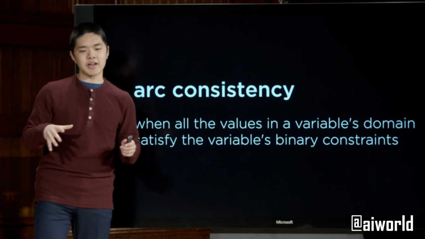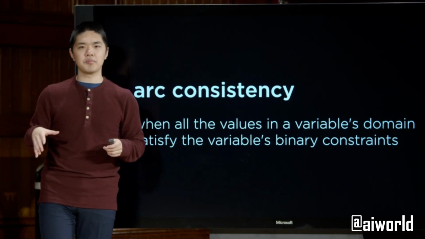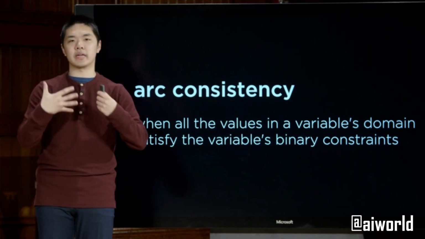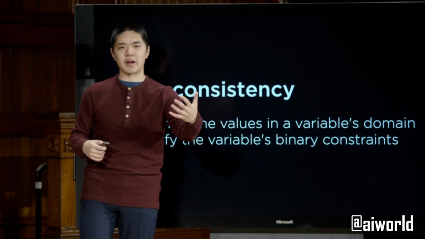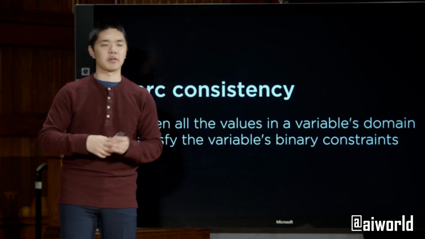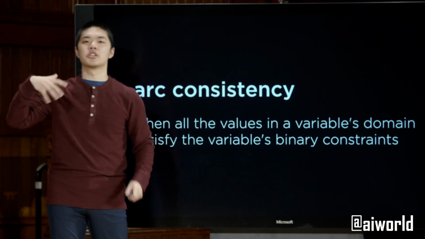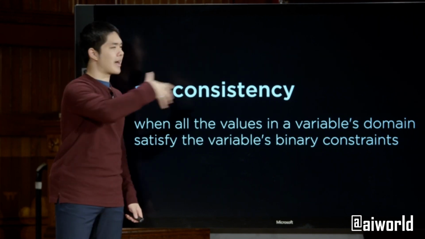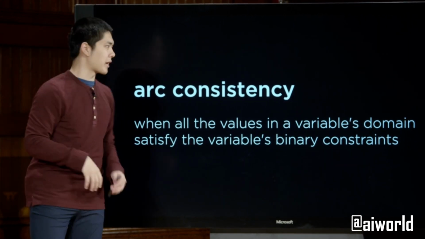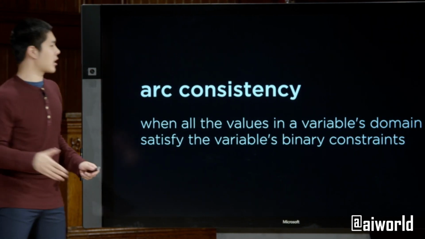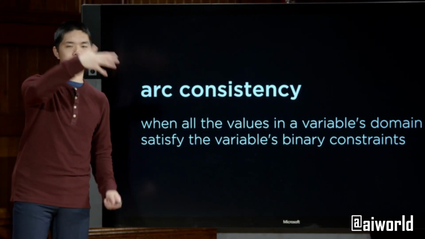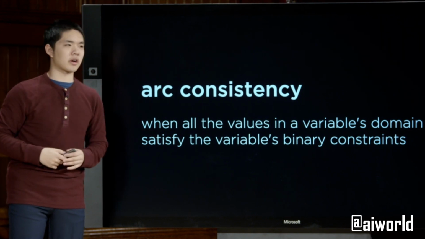So when we're looking at trying to make A arc consistent, we're no longer just considering the unary constraints that involve A. We're trying to consider all of the binary constraints that involve A as well. So any edge that connects A to another variable inside of that constraint graph that we were looking at before. Put a little bit more formally, arc really is just another word for an edge that connects two of these nodes inside of our constraint graph.